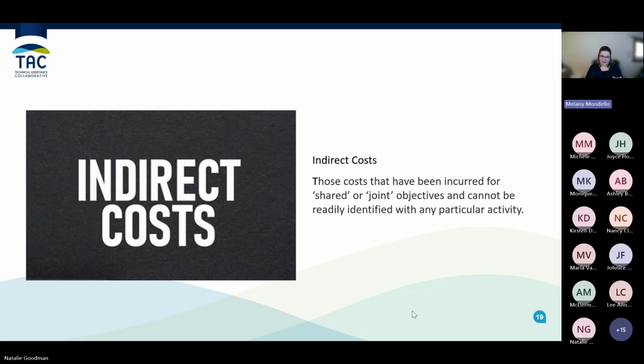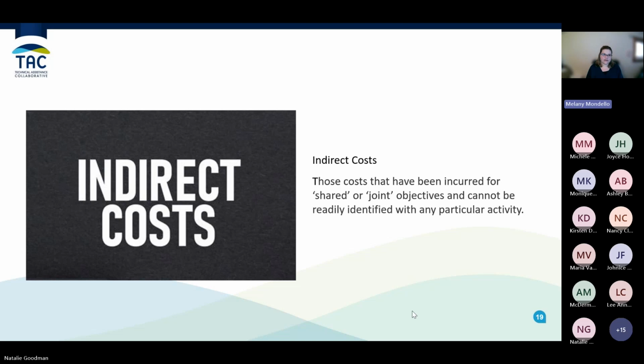Indirect costs, again, we talked about, are those that are shared. They can't really be given to one part of the agency or one grant, and you have to pay for those another way. They're tracked in a different way. Your finance department knows what all the costs are that aren't directly billable to any of the grant awards that you have going forward.